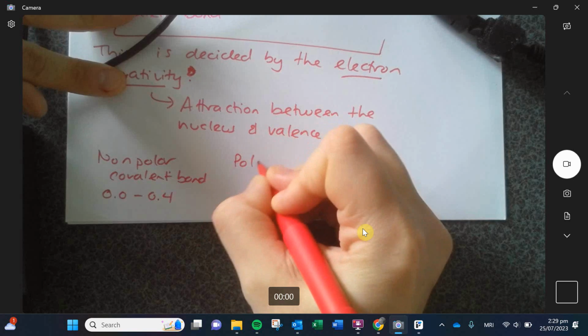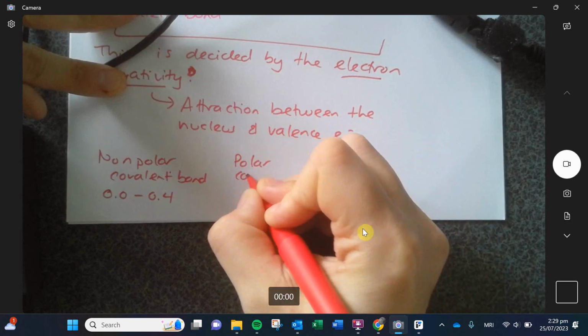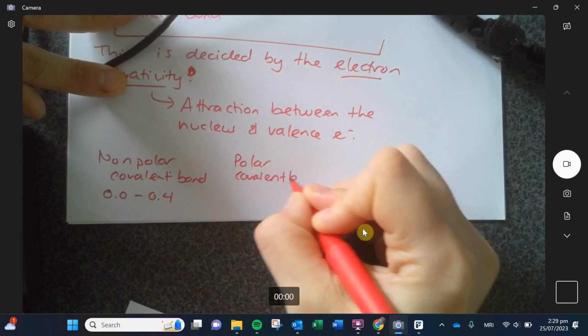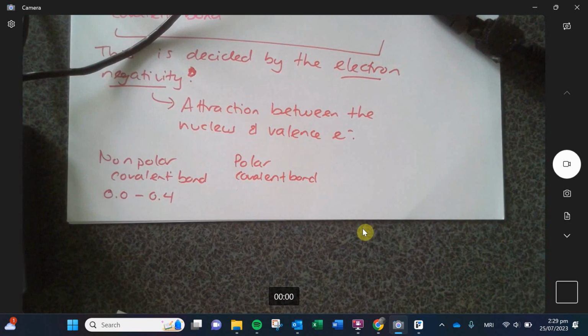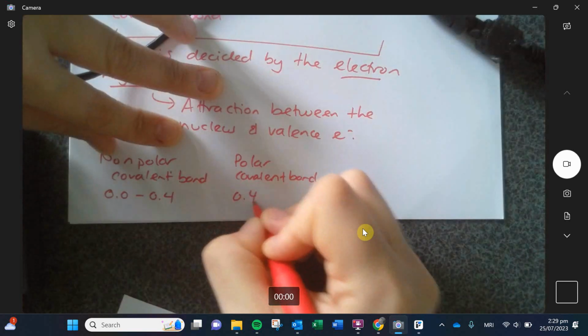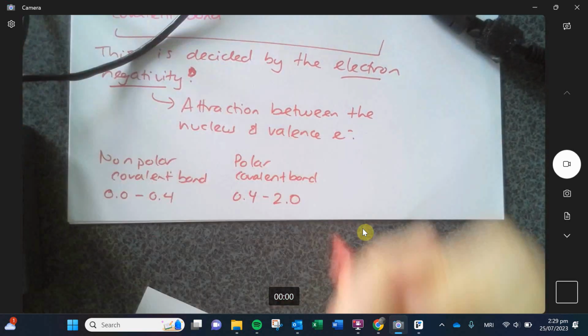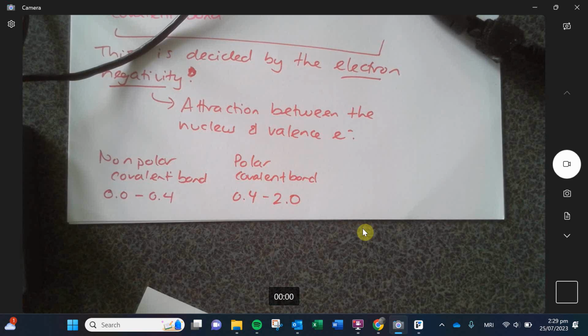If it is a polar covalent bond, then what's going to happen is my electrons will be shared, but they'll be shared a bit unequally, and it'll be closer to the atom that has the greater electronegativity. This happens roughly between 0.4 and 2. So between that range of a difference, I would expect my elements to have a polar covalent bond.